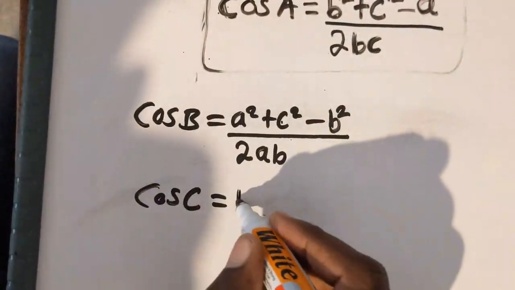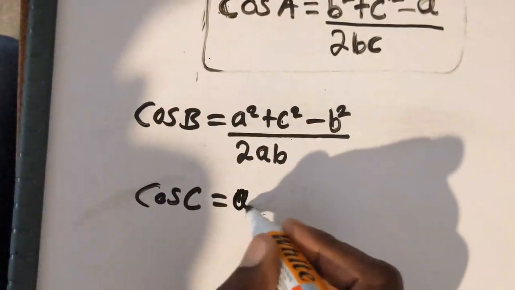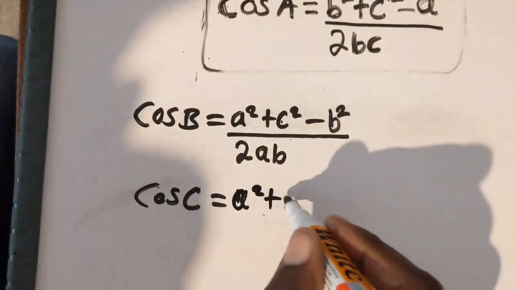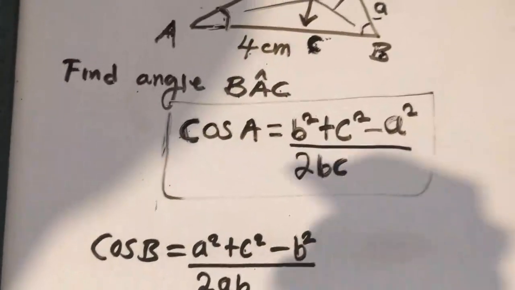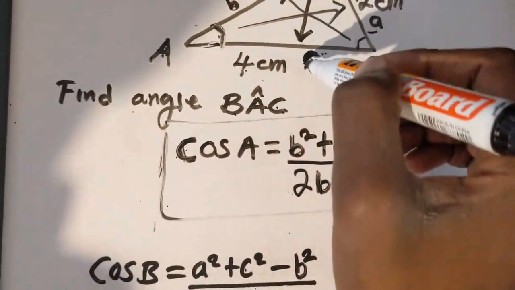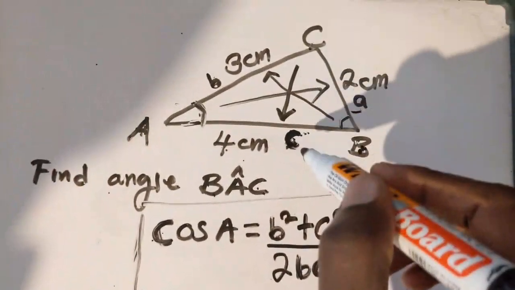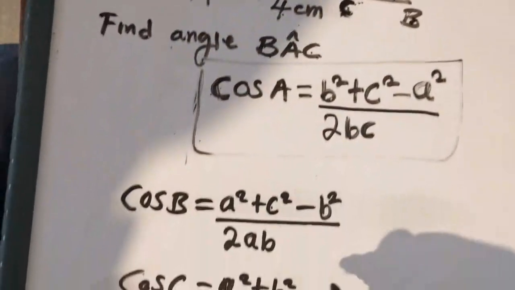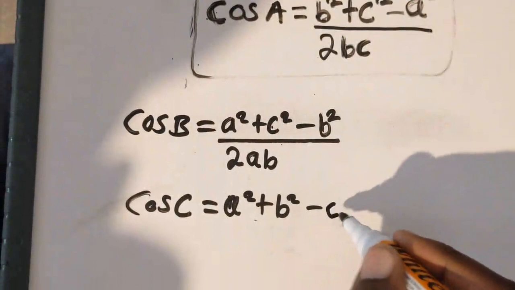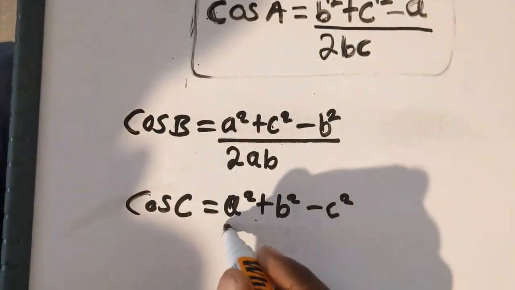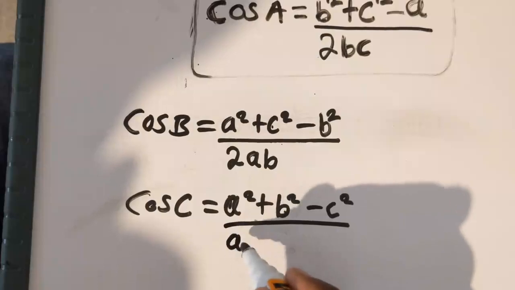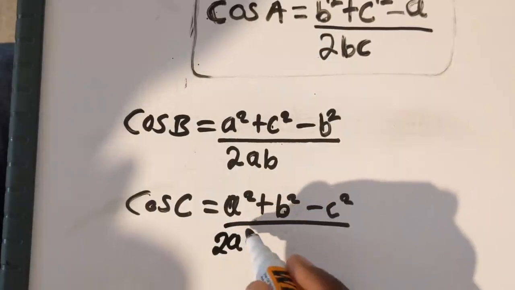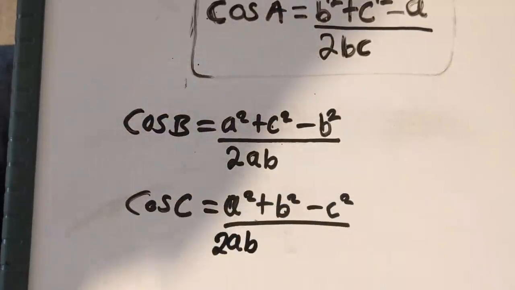It is A squared plus B squared minus the side that is opposite to it, which is small letter c squared, over 2ab, like that.